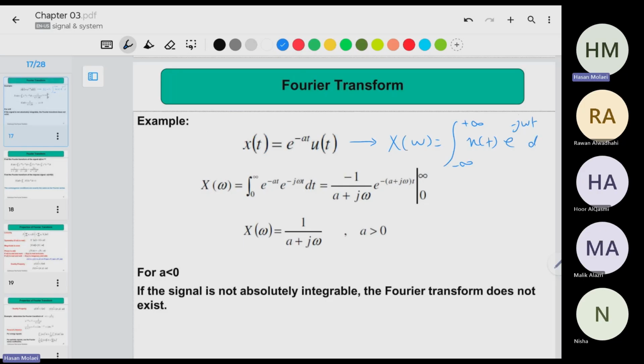I want to keep omega, so it should be t, dt. What is x(t)? E to the power of minus a t u(t). U(t) means it's from 0 to infinity, so I should change the starting point from 0 to infinity.